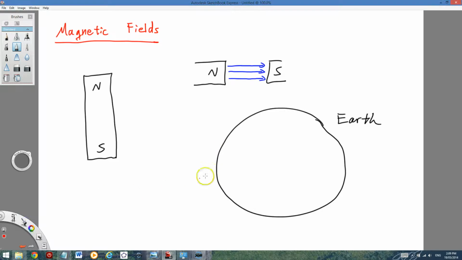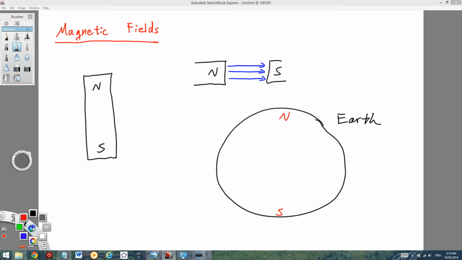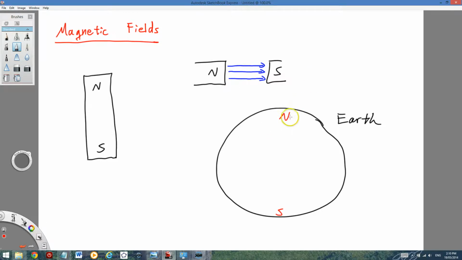We have a North Pole and a South Pole. But just remember, this North Pole and the South Pole is different. It's different than the magnetic north and south.